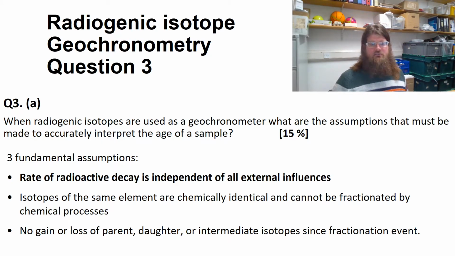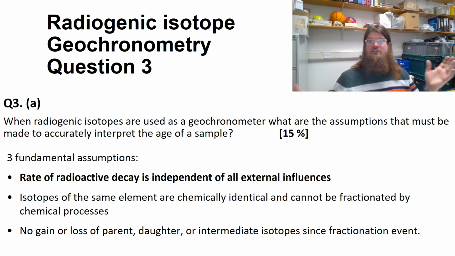The next assumption is that any change in the isotope ratio is due to decay and production of radioisotopes, and not by any kind of chemically induced fractionation. Now this isn't true. There is fractionation of isotopes by chemical processes.